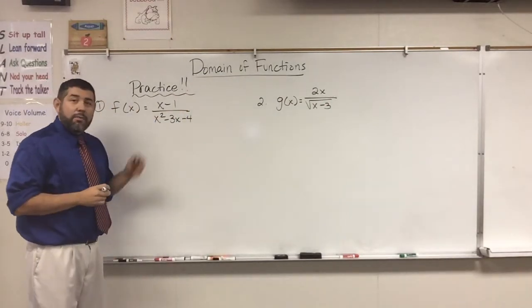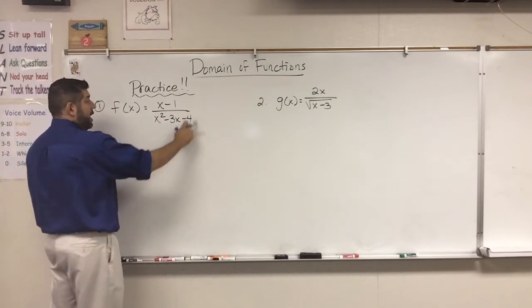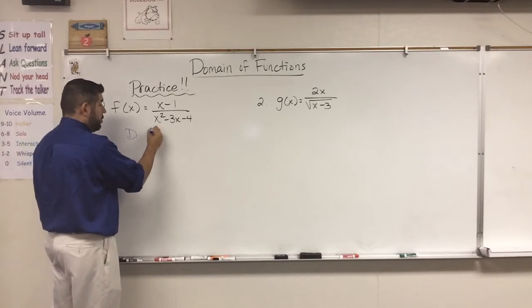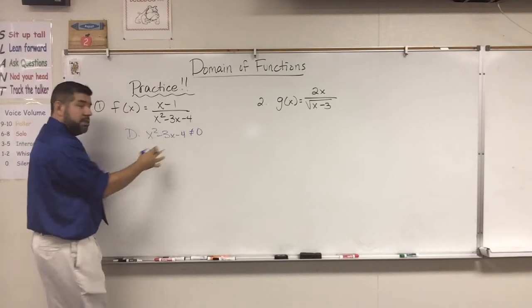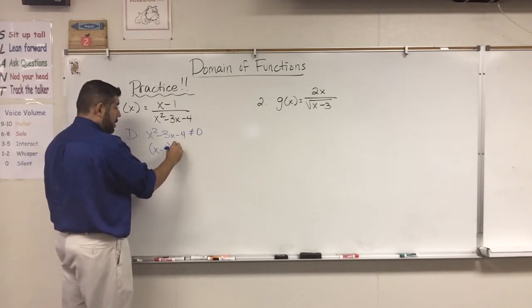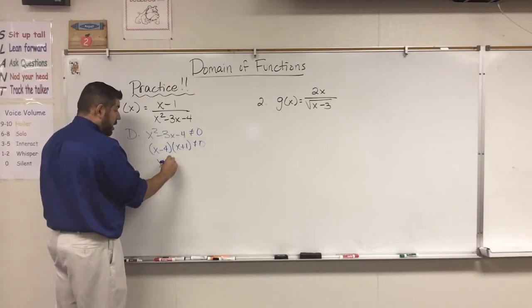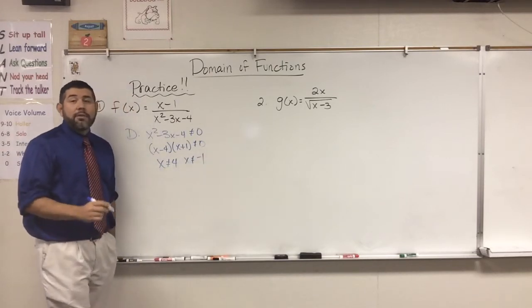We want to find the domain of each of these. In this one we have something in our denominator, so we're going to take that denominator and set it not equal to 0. And this is factorable, so we're going to factor this to x minus 4, x plus 1. We're going to get x is not equal to 4, or x is not equal to negative 1.